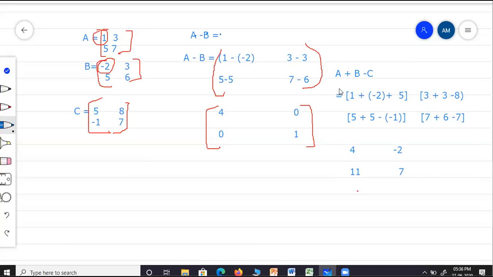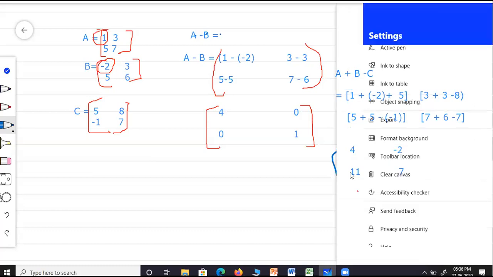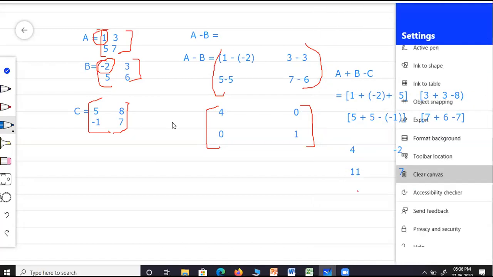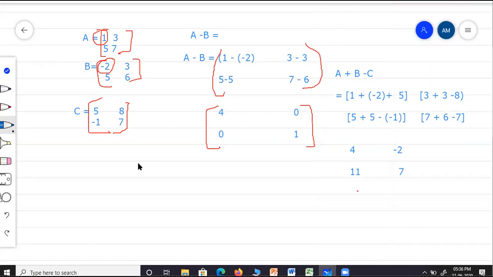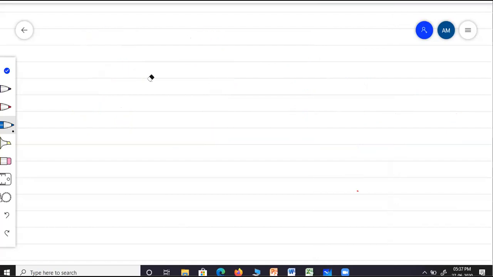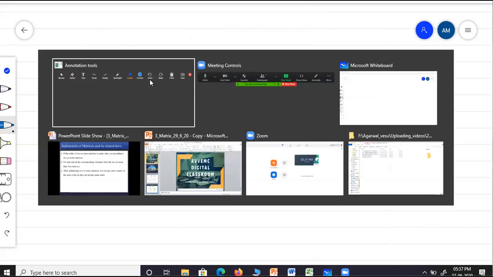So this is the matrix. Today we showed the rules, or we can say properties, of addition and subtraction of two or more matrices.